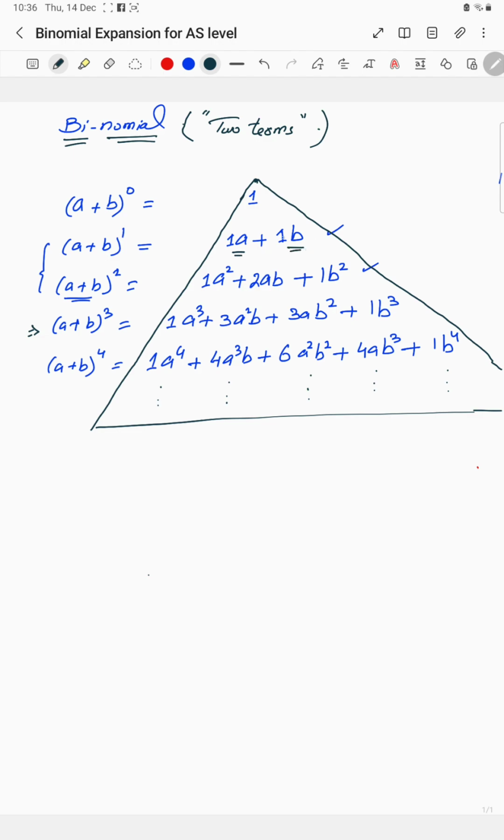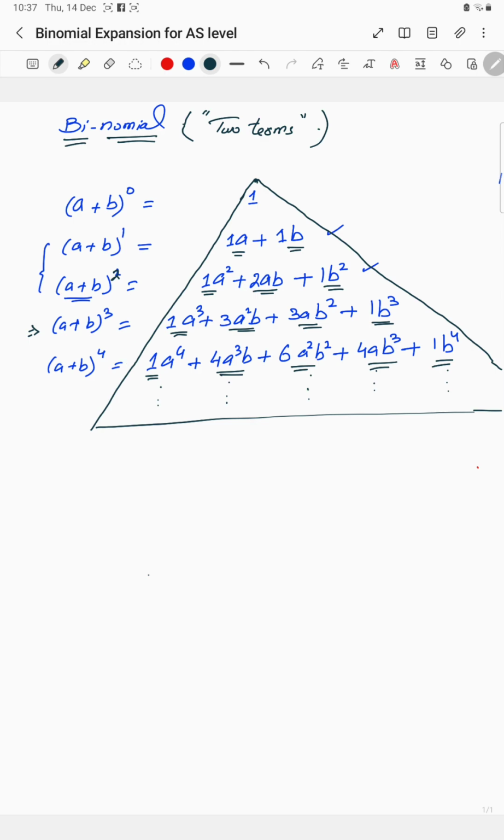If power is 2, how many terms in the expansion? 3 terms. If power is 3, we have 4 terms. I'm going to underline it for you. If you have power 4, we have 5 terms. So whatever the power of the two terms, the result always has one more term than the power, right?